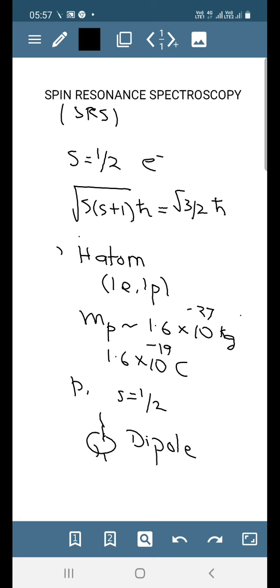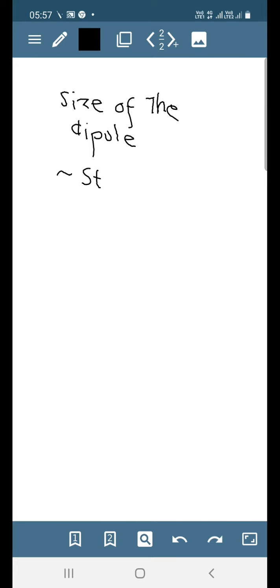So a spinning particle acts as a tiny bar magnet placed along the spin axis. Now the size of the dipole is equivalent to the strength of the magnet.